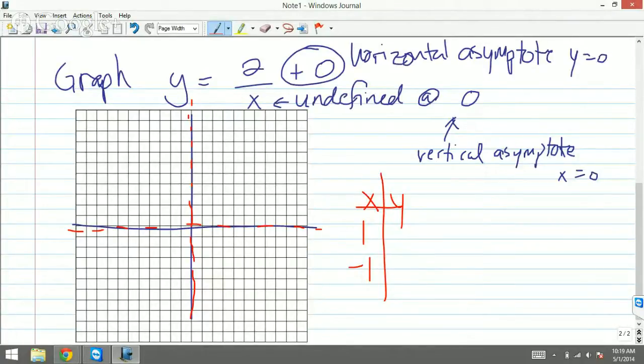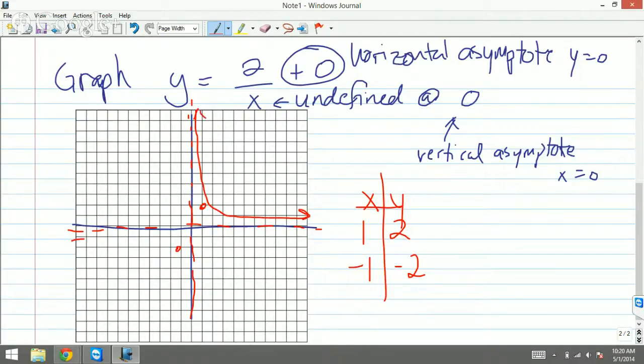Okay, if I plug 1 in for X, what do I get for Y? Yep. Okay, if I plug -1 in, that just tells me where to put my lines.